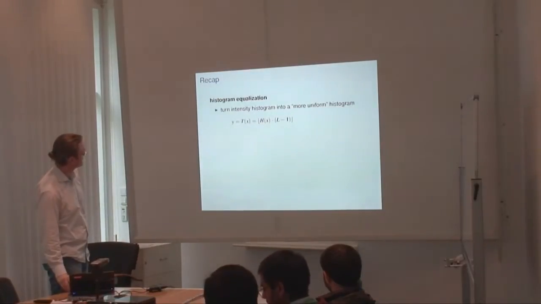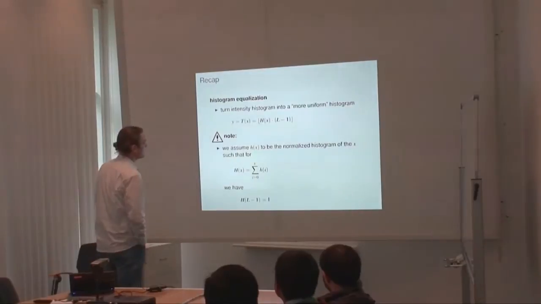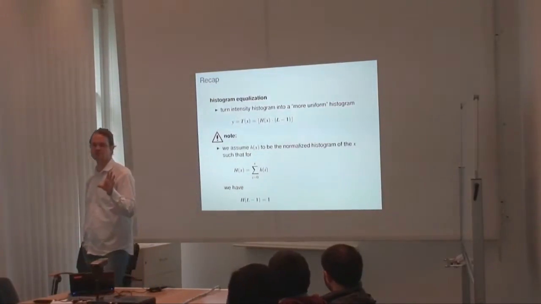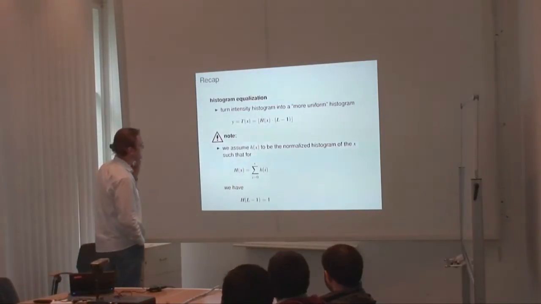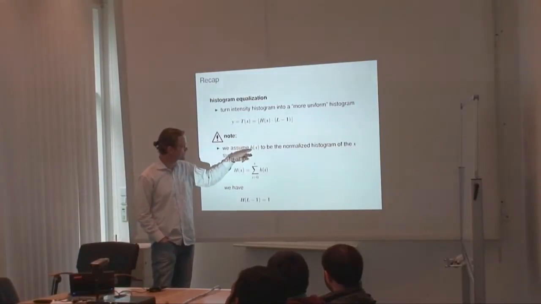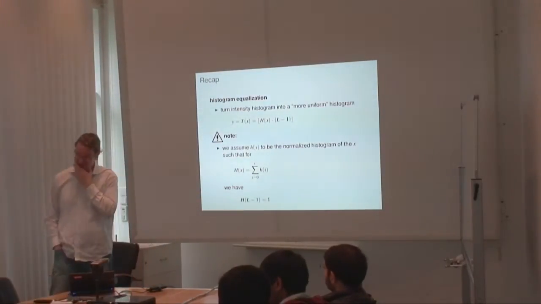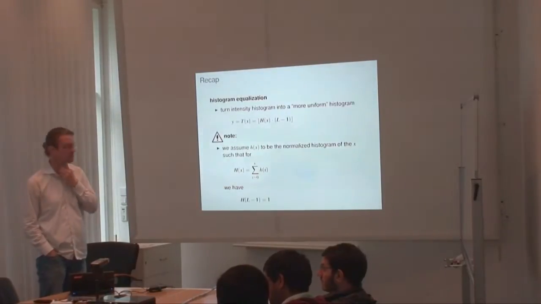Again, the notation has become more abstract, because last time there were some quotients here. Right, it's gone now. The reason why that is gone is that I now assume the histogram of the image we are given, the overly dark or overly bright image, is normalized.